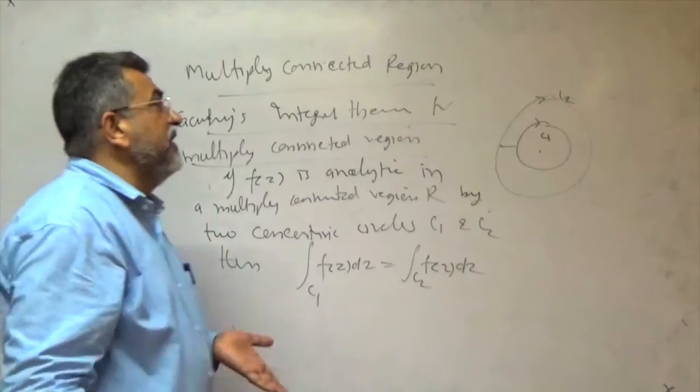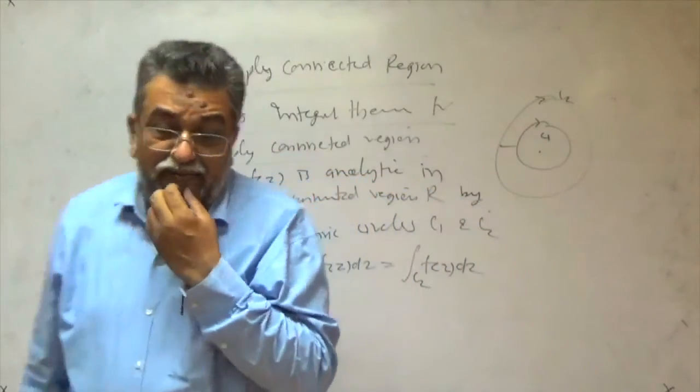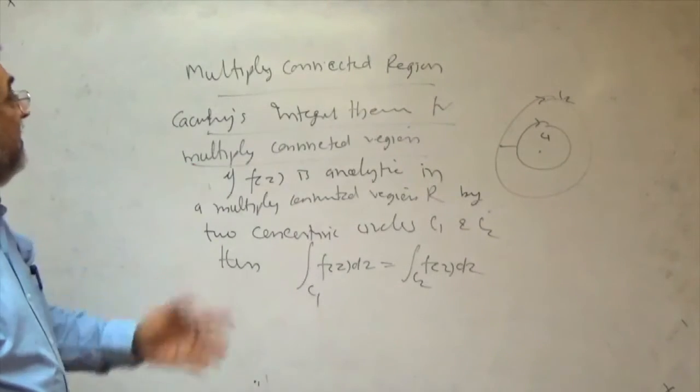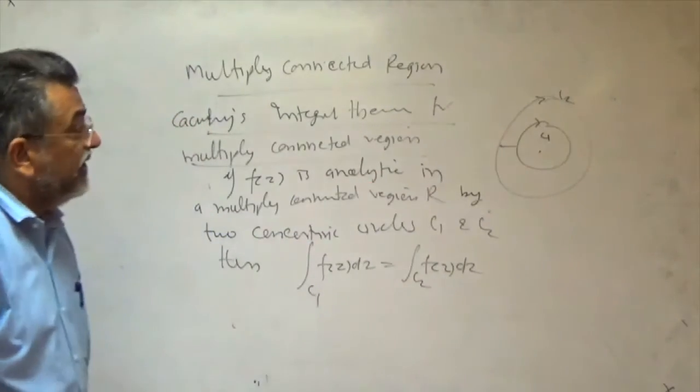This means the value of the integral along both closed circles must be the same. So this is another statement of Cauchy's integral theorem when we take a multiply connected region.